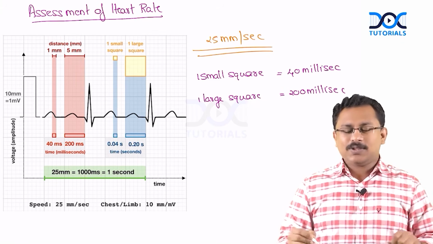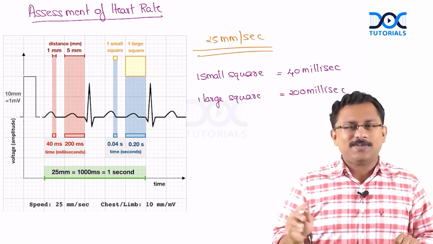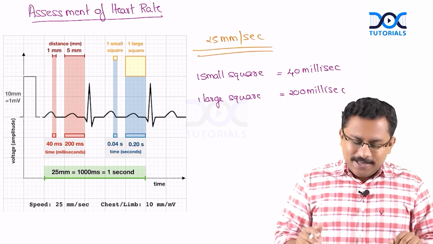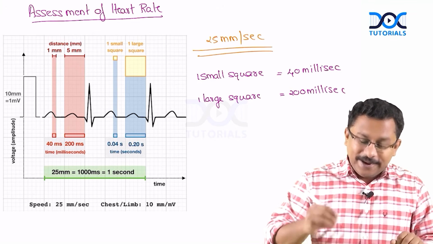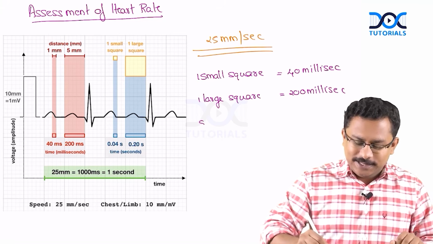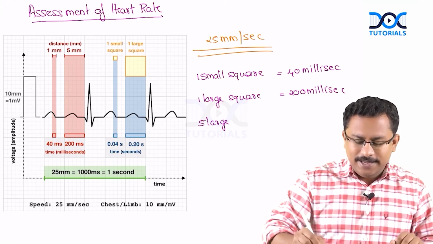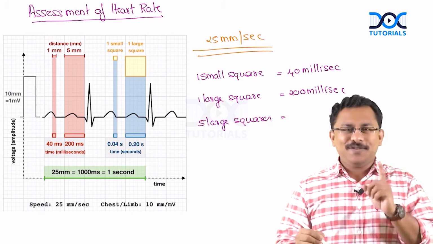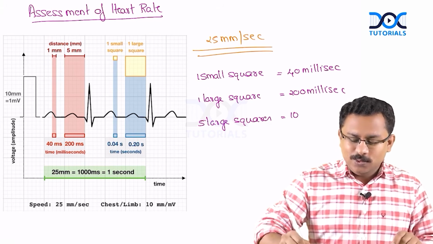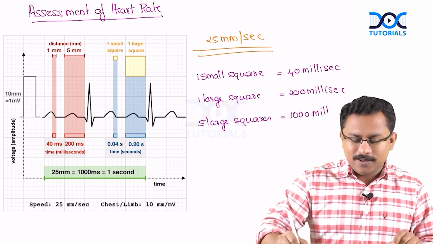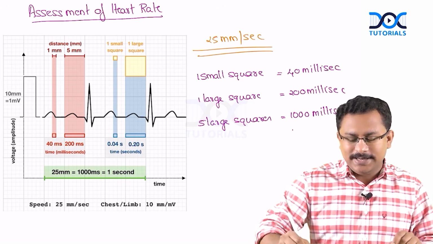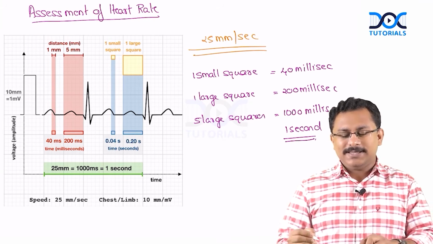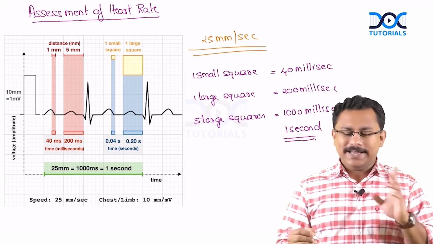You just multiply by 5: 40 into 5 is 200. Now, when you take 5 large squares, that will be 200 into 5, that is 1000 milliseconds, so you can say it is 1 second. 5 large squares correspond to 1 second.